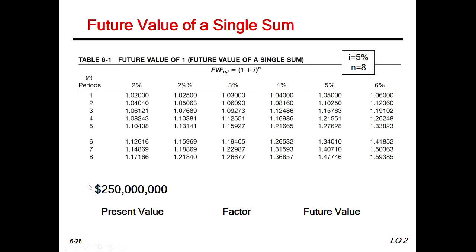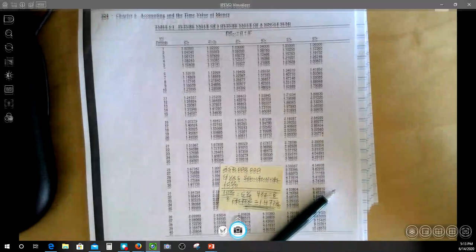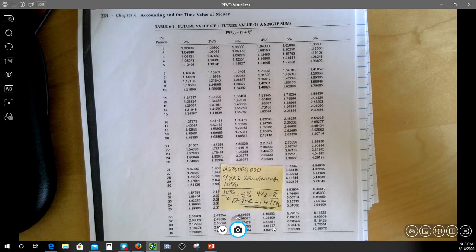So there's our 250 million. There's our factor that we came up with as well. So the future value is $369,395,000. If we look back at our factor, we had 1.47746.